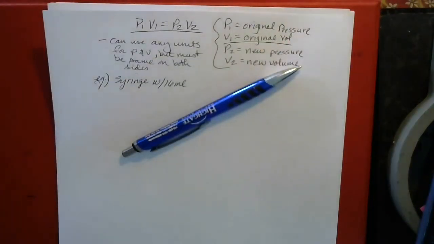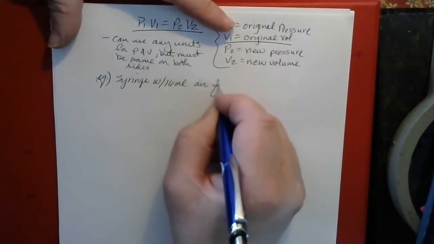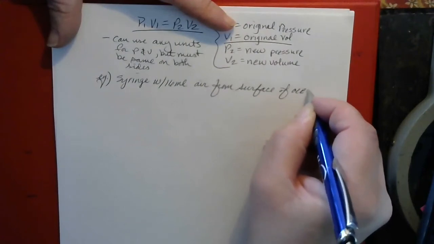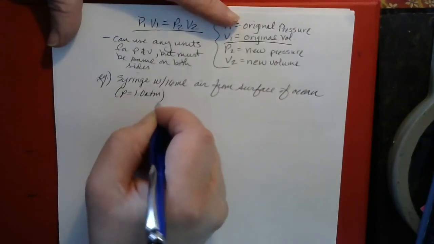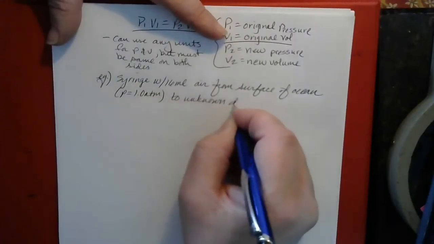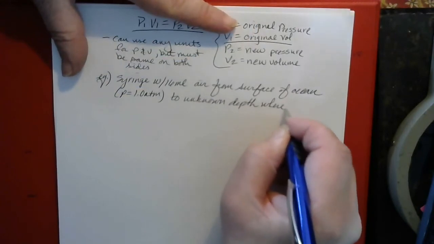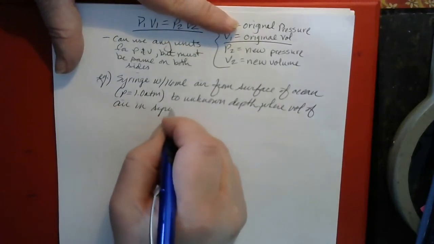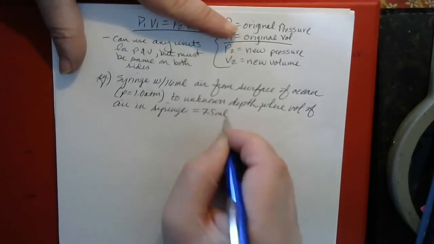So something like a plunger or a syringe with 16 milliliters of air is taken from the surface of the ocean, where the pressure is 1 atmosphere, to an unknown depth, where the volume of the air in the syringe is 7.5 milliliters.